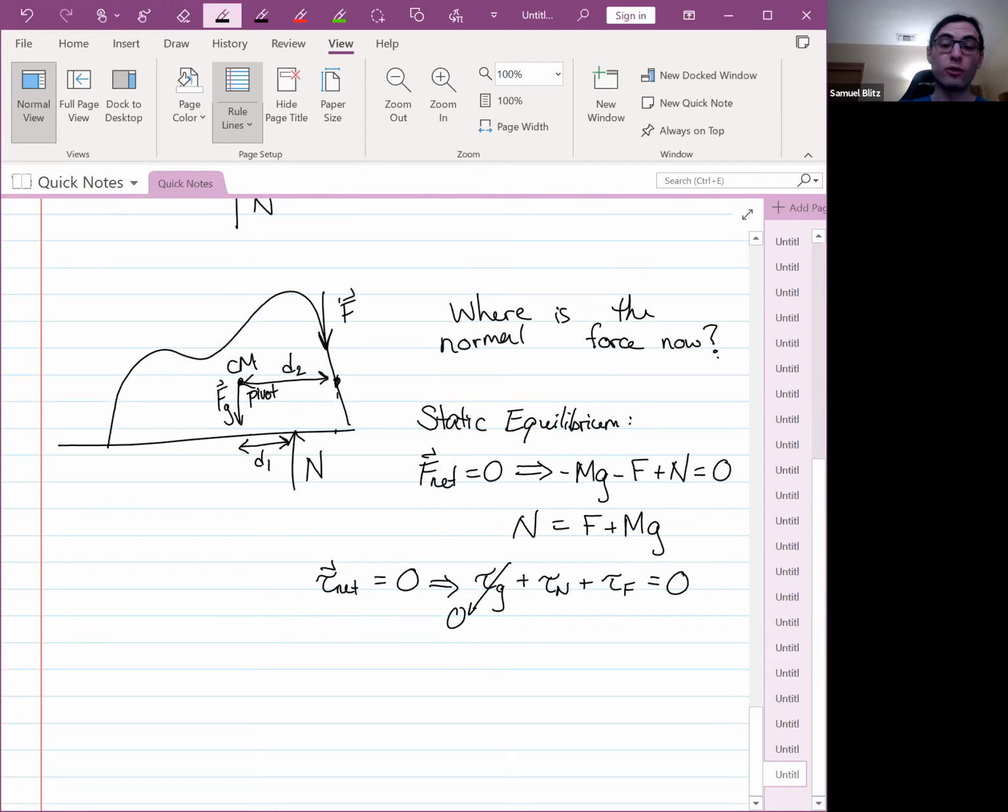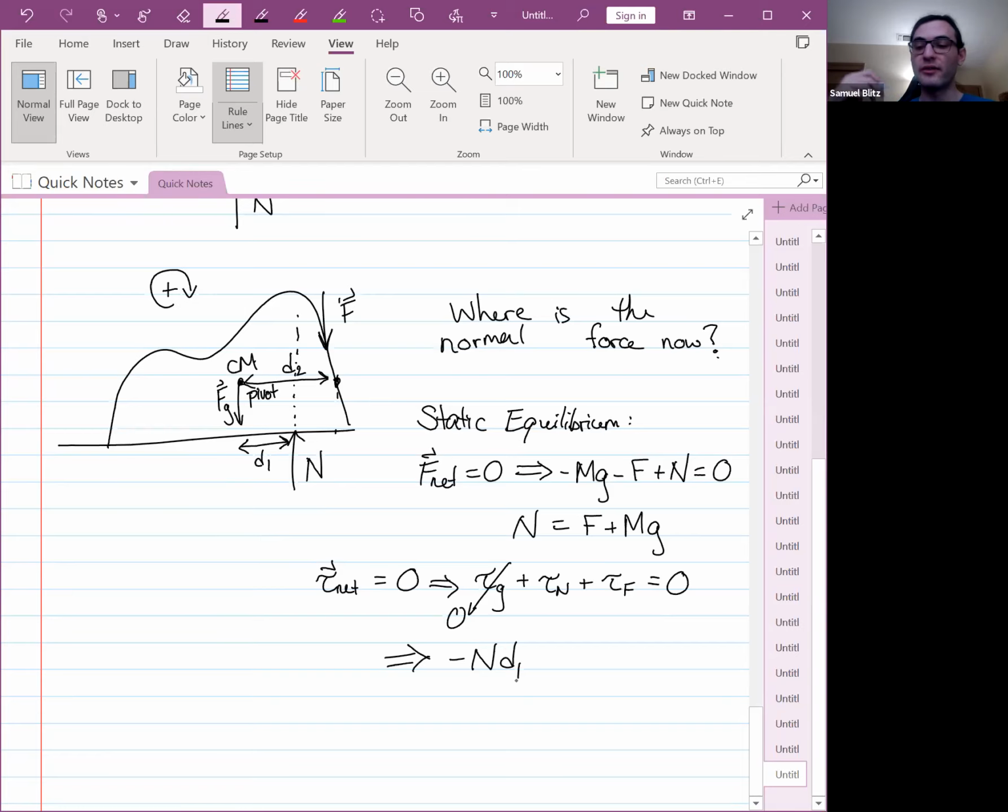The torque due to the normal force, we can use this extended force line picture to tell us, has magnitude N times d1. And we know that it will produce a counterclockwise rotation. I'm going to denote clockwise as positive, so this becomes minus N times d1.